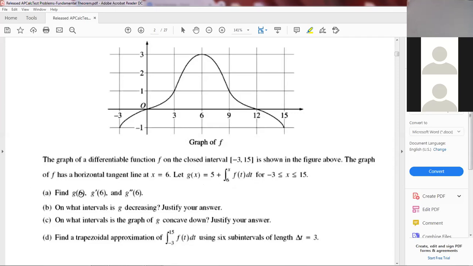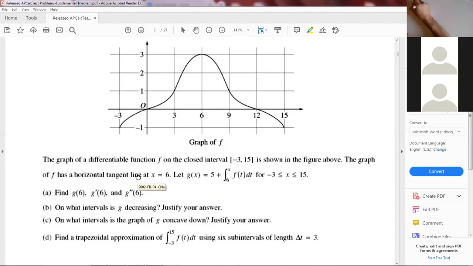Then they are asking you to find three values of the new function. Obviously, you don't have an equation for this thing to do this integral, so you have to rely on the graph, okay? So everybody clear? So I'm going to write here precisely what I have.